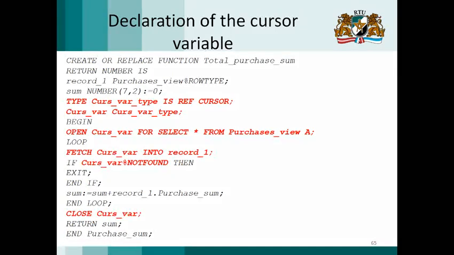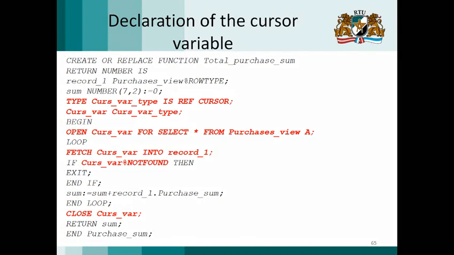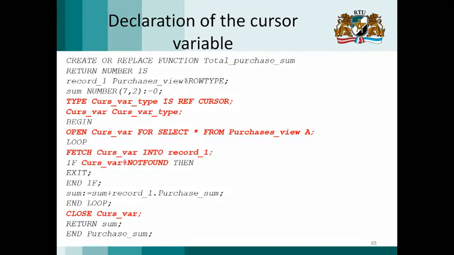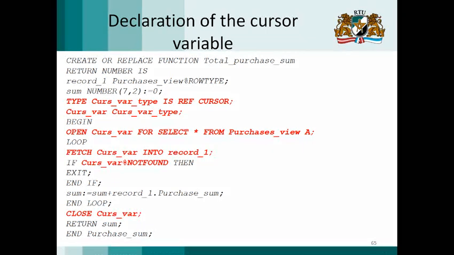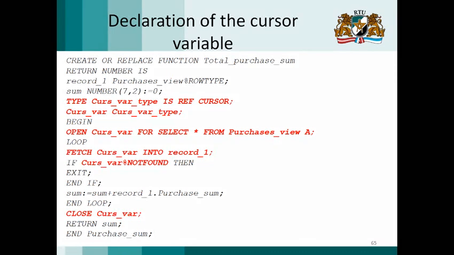And here we can see the example of a cursor variable. In the red, there are main differences that we can see from these cursors that are not cursor variables. As we can see, we are defining a cursor type, cursor variable type, by using this reference. We write this keyword is ref cursor, so it means that this will not be just a cursor, it will be a cursor variable.